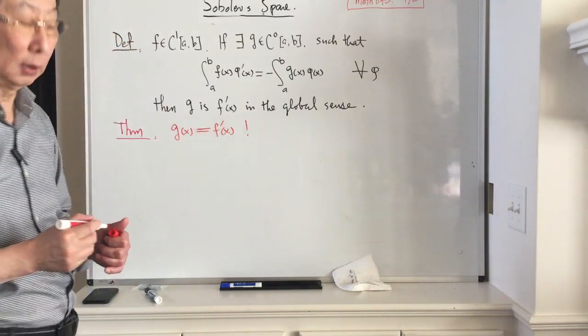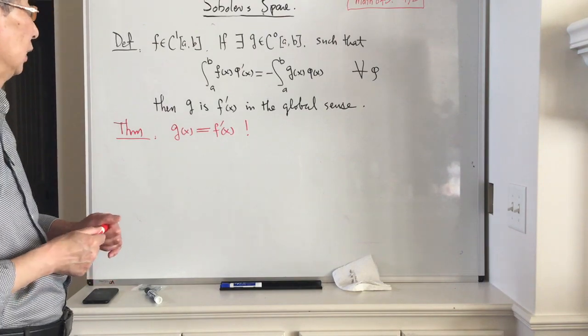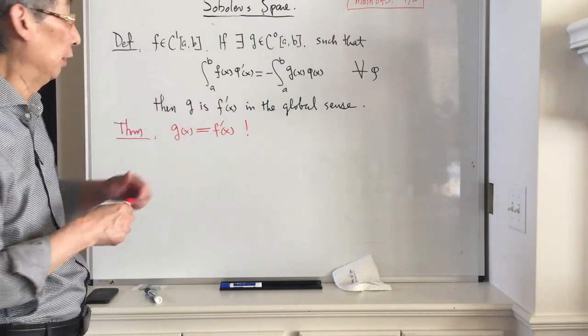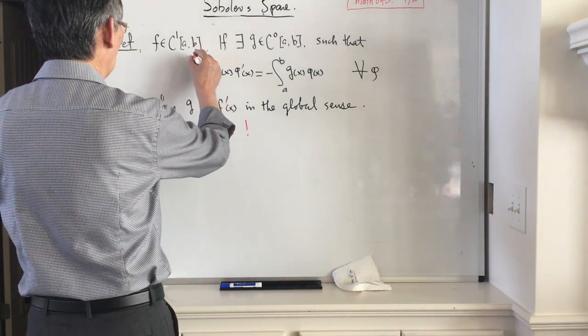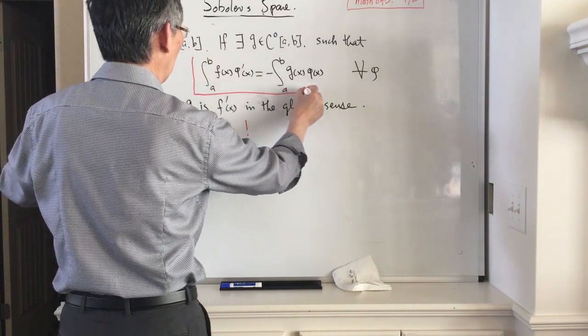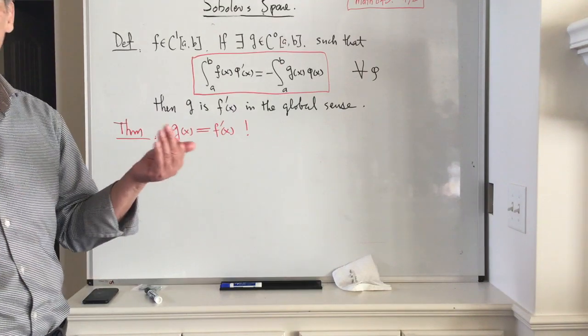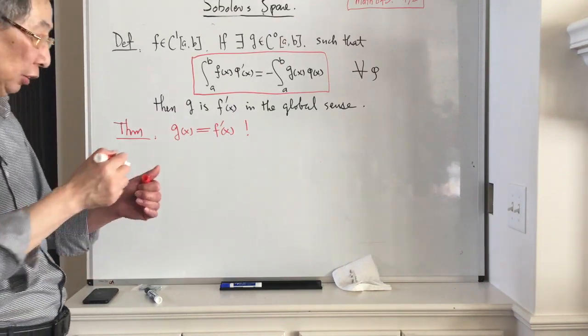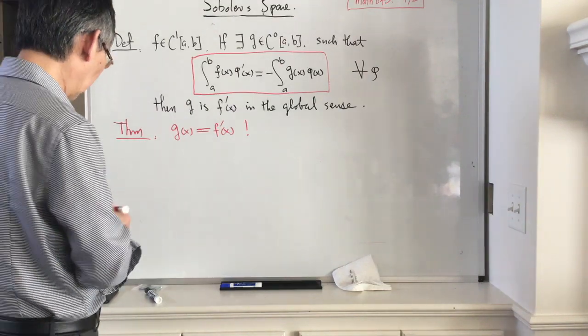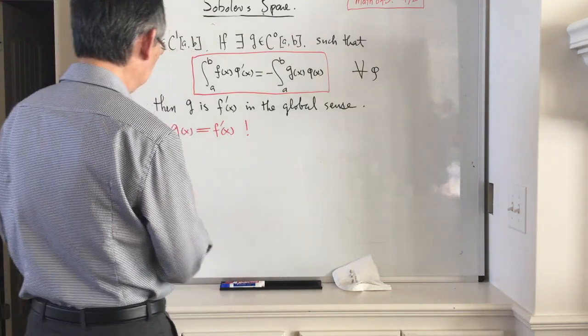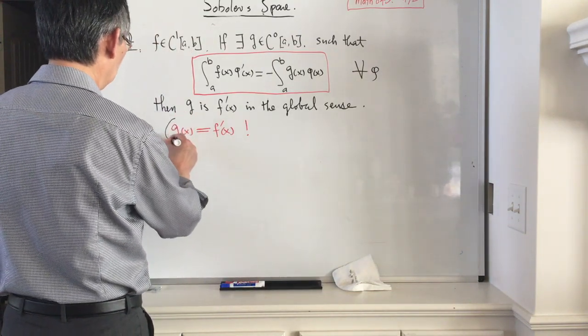So this is a fact. Because of this fact, I can use this as the new definition of the derivative. Otherwise, maybe there exists such a g satisfying this, however this g may not be equal to f prime, and then the definition would not make sense. So what we're going to see is that this is always true.